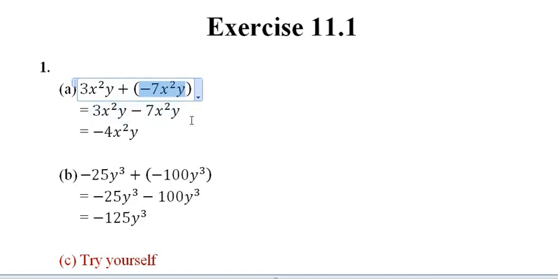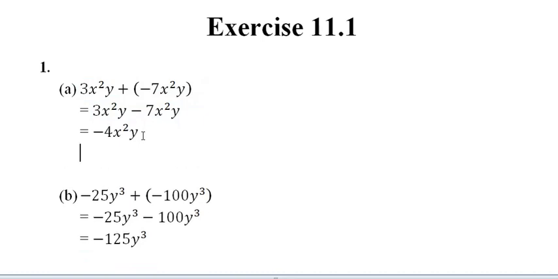When we add these two, we have to put the expression inside a bracket, because two different signs cannot be written together without a bracket. We cannot write plus and minus like this.